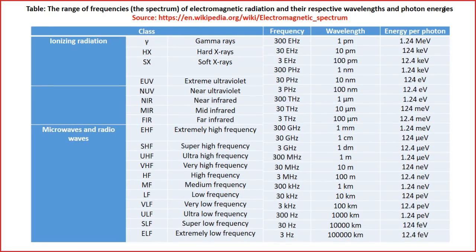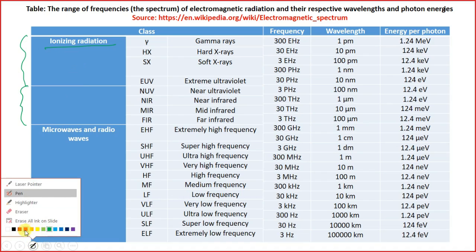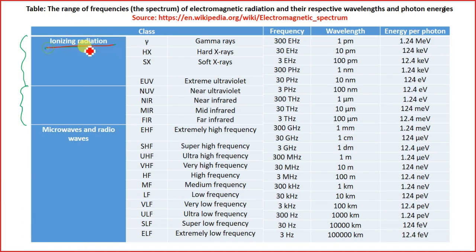Next, if you leave this region, we have the ionizing radiations. These are the gamma rays, hard X-rays, soft X-rays, and extreme ultraviolet. Why ionizing? They have very high energy.